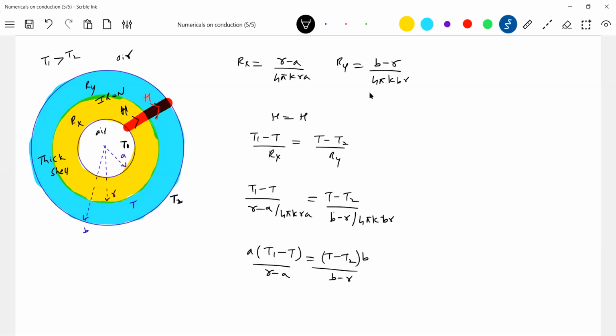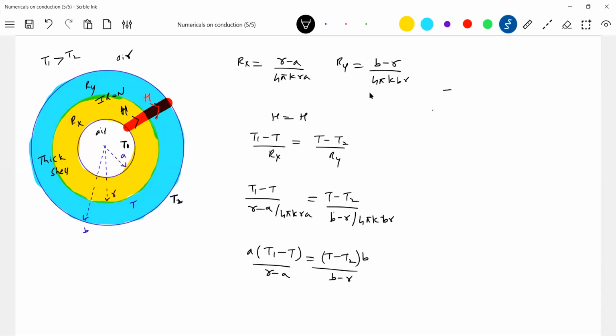So many calculations will come. 8 terms will come.